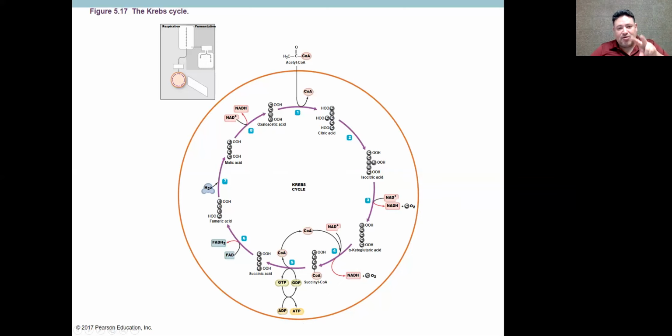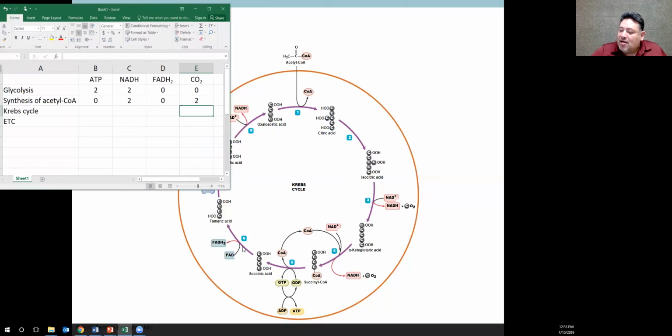Glucose makes 2 pyruvates, each one of them making an acetyl group. So in order to count for sugar, we have to take this cycle and multiply everything by 2, okay? So we're going to go over here and ask, Krebs cycle, how much ATP? Well, per cycle, it's 1, but we're going to multiply it times 2 to get the amount per sugar. Bam. How much NADH?